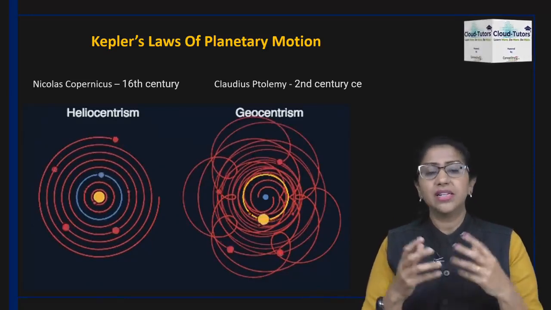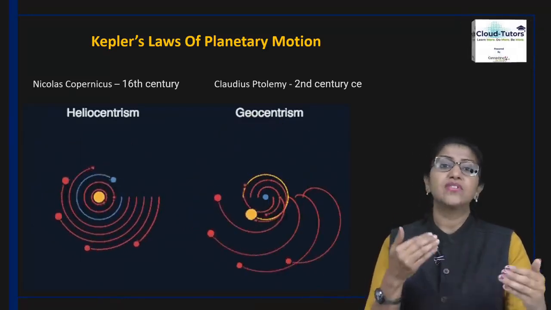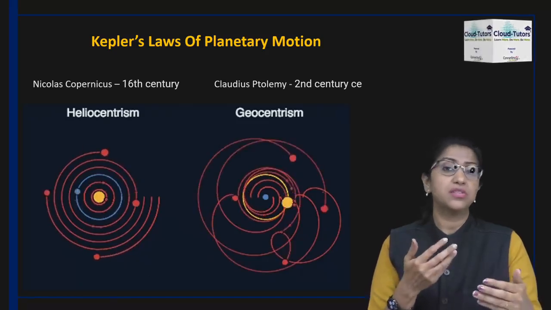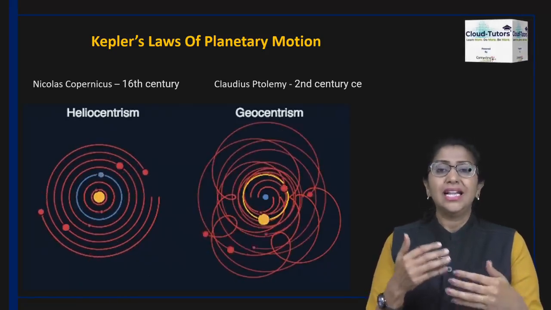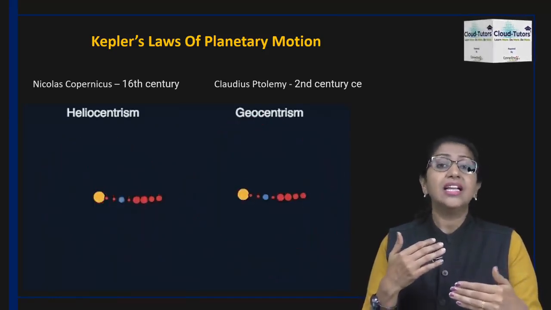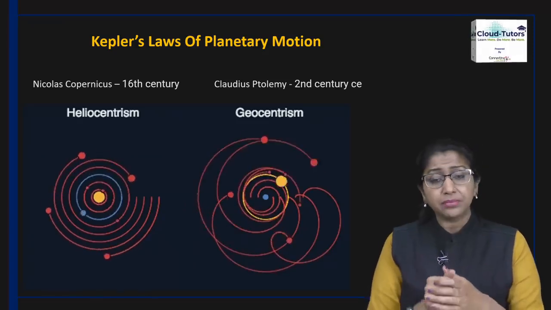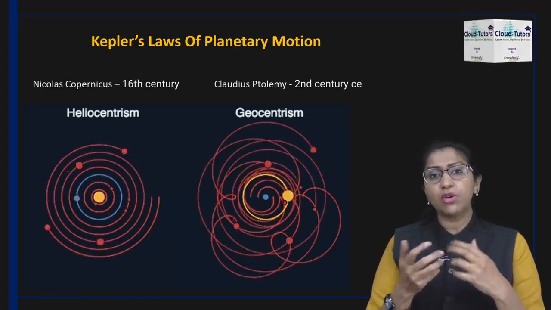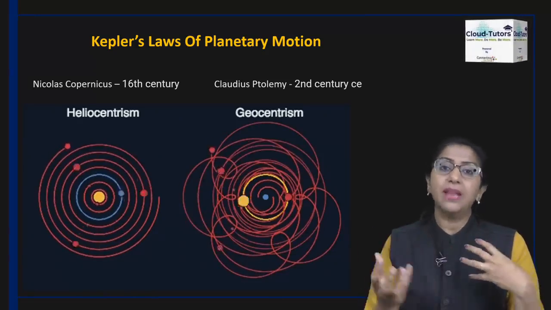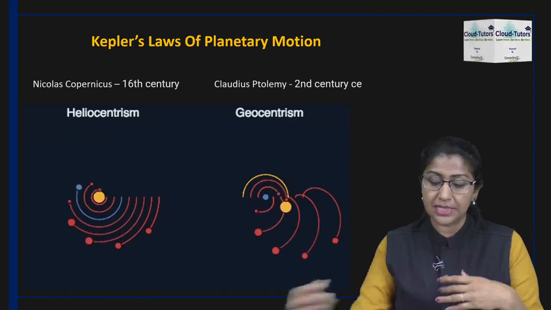This laid the foundation for modern astronomy, and it was also considered a huge revolution, because this was an entirely new theory, and observations also supported it. However, Nicholas Copernicus said that all the planets around the sun revolved in circular orbits.